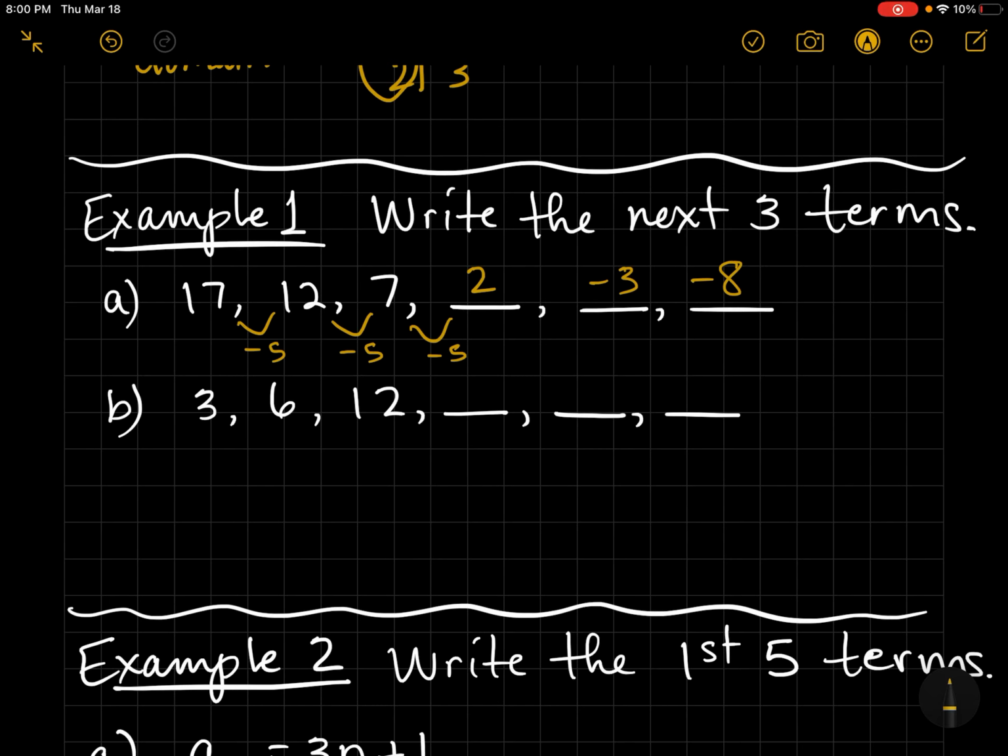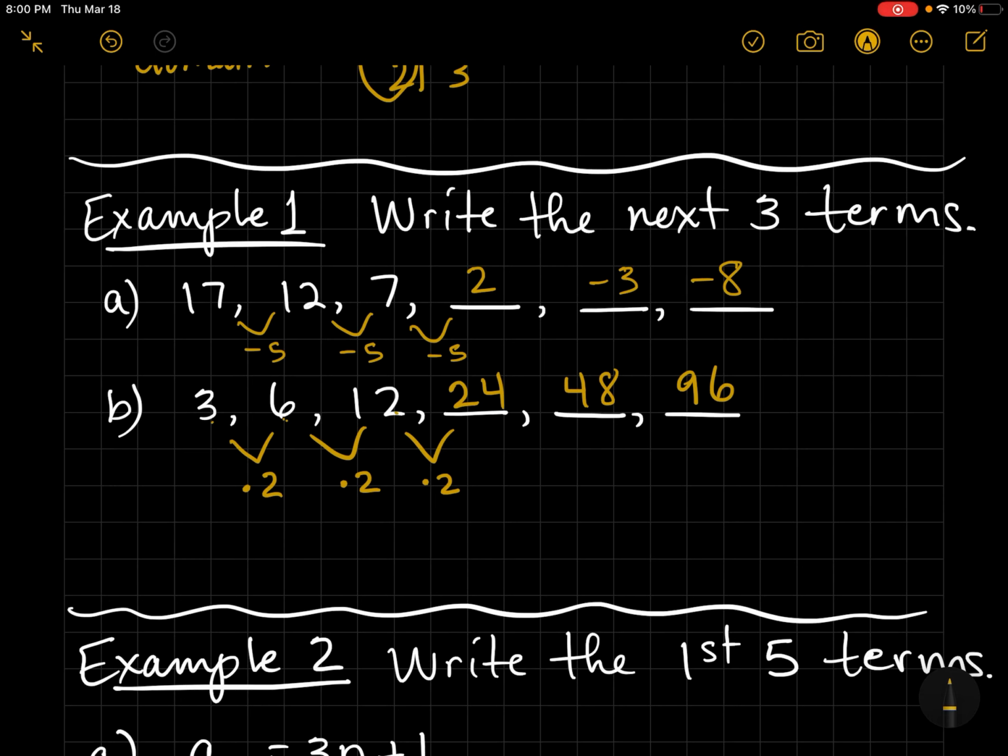Here, let's see. I went up 3, but then up 6, then what might we do? Or maybe you would say multiply by 2 so that you have a constant rule that's doing the same thing every time. So that'd be 24, 48, 96.